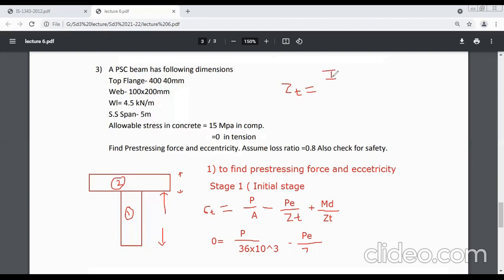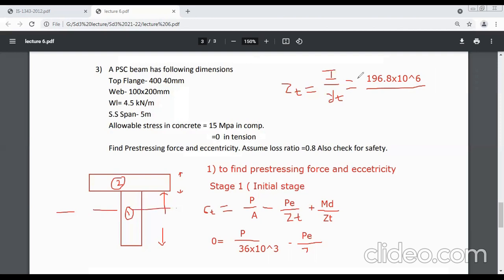The moment of inertia is 196.8 into 10 raised to the power 6 mm raised to 4, divided by YT, which means the centroid from the top of this section.